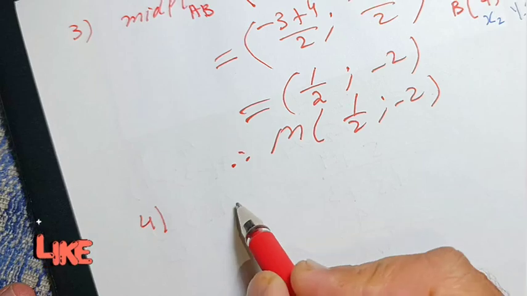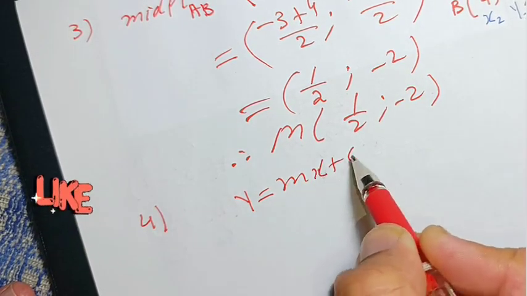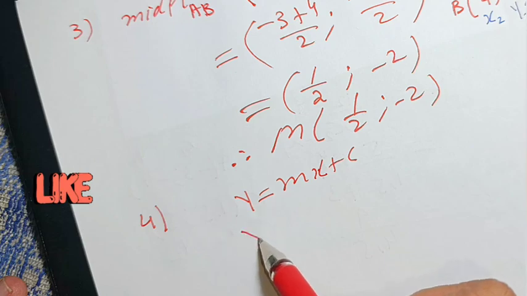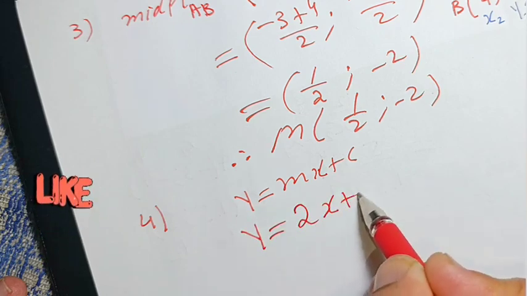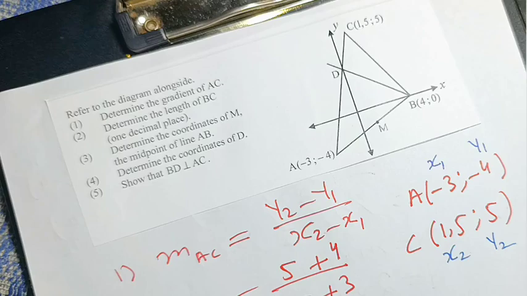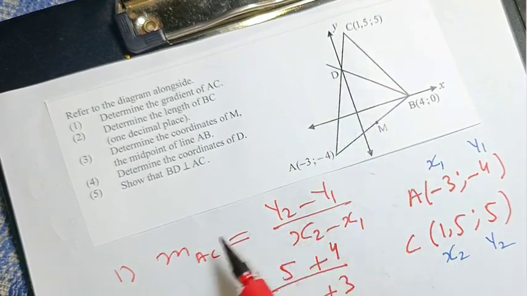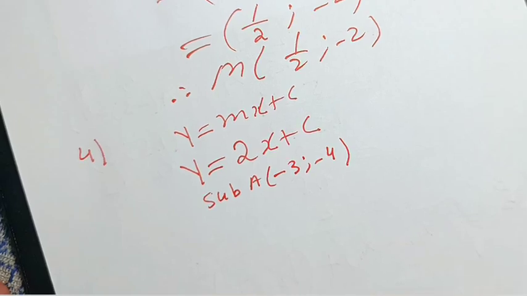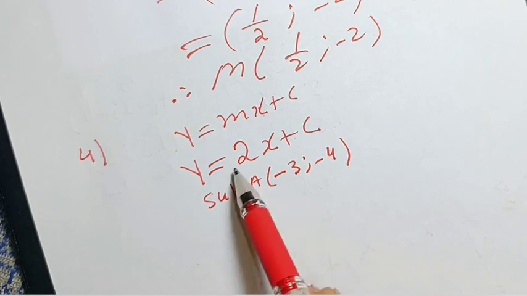Have a look. y is equal to mx plus c. We need to find the y-intercept. The gradient we already have, we found 2. So it's 2x plus c. You can substitute either coordinates A or C to find the y-intercept. I'm going to use A, so I'm going to substitute A, negative 3 and negative 4, into this equation.